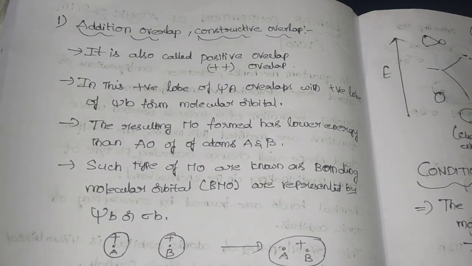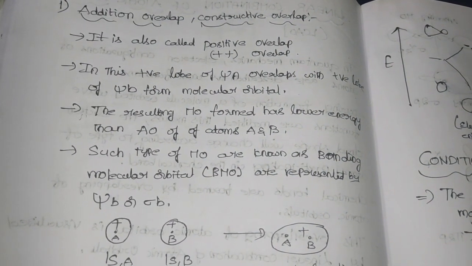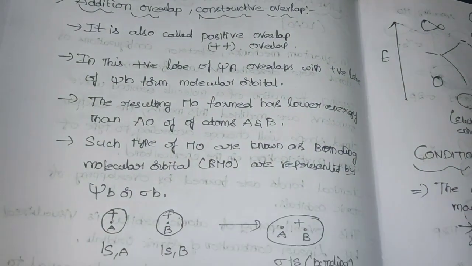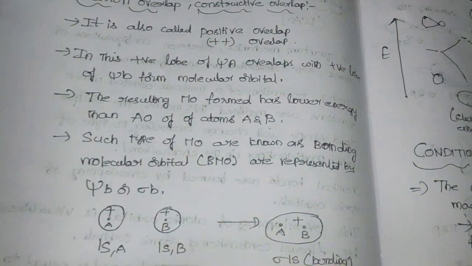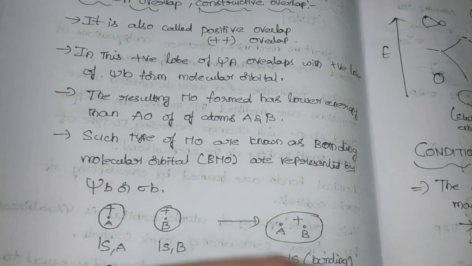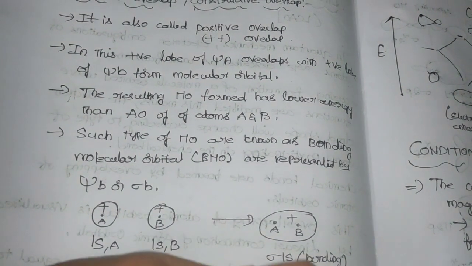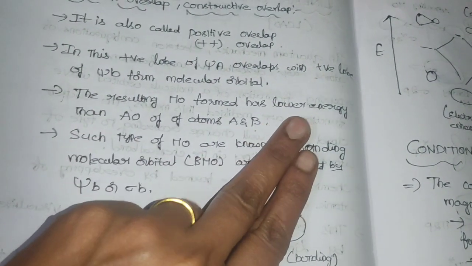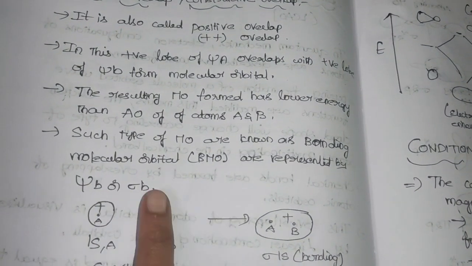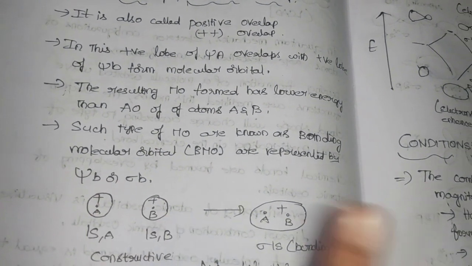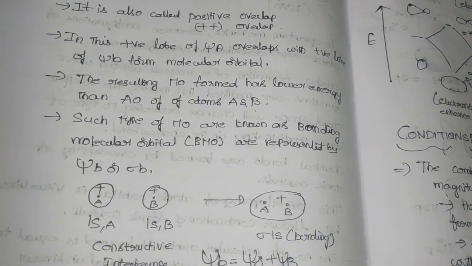Both positive lobes overlap each other to form a molecular orbital. The resulting molecular orbital will have lower energy than the respective atomic orbitals. When we compare the energy of the respective atomic orbitals, the molecular orbital will have less energy.